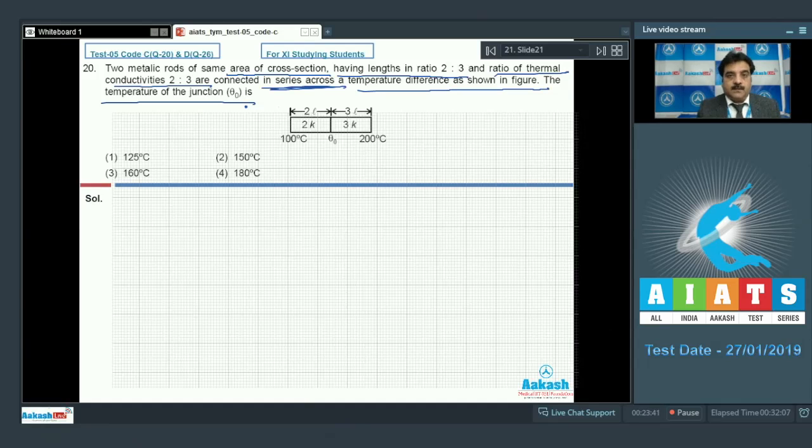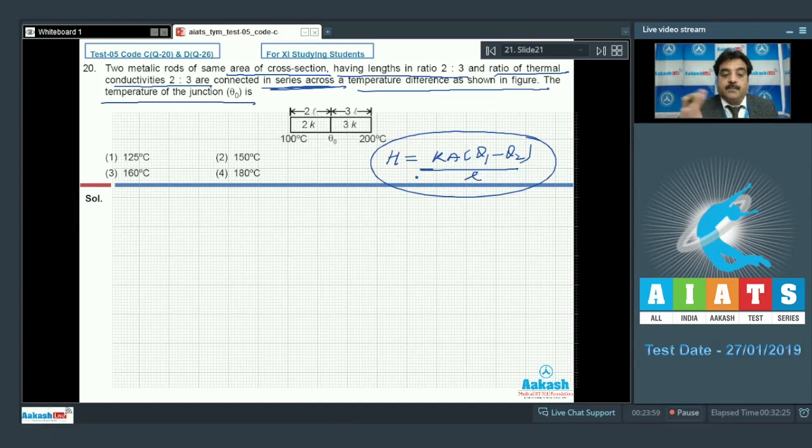As I said, in the case of series, heat current will remain constant and heat current is given by K A (theta 1 minus theta 2) divided by L. But there is a little bit of confusion. Sometimes some books use a minus sign here, but when you write final temperature minus initial temperature, then you write the negative sign. If you are looking from the beginning, meaning theta 1 minus theta 2, there is no need for a negative sign.